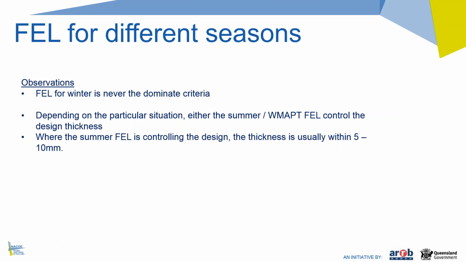But based on our studies, we observed that the winter FEL is never the dominating factor in determining the asphalt thickness. Depending on the particular situation, either the summer or the WMAPT criteria will take control of the design thickness, and when the summer FEL becomes the governing criterion, it's usually within 5 to 10 millimetres design thickness difference from the WMAPT.